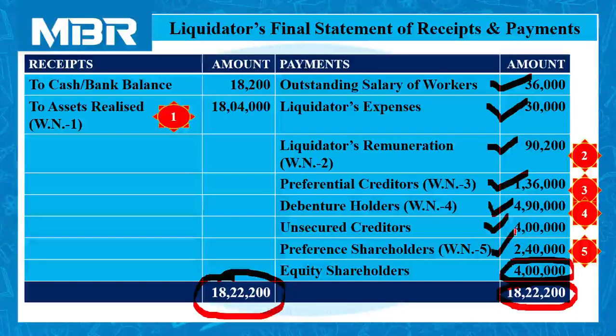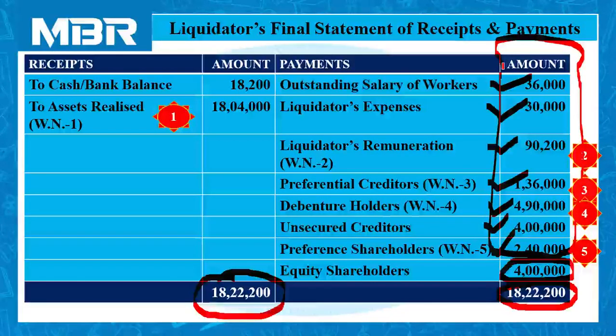So out of 18,22,200, we have paid total amount of rupees 14,22,200.